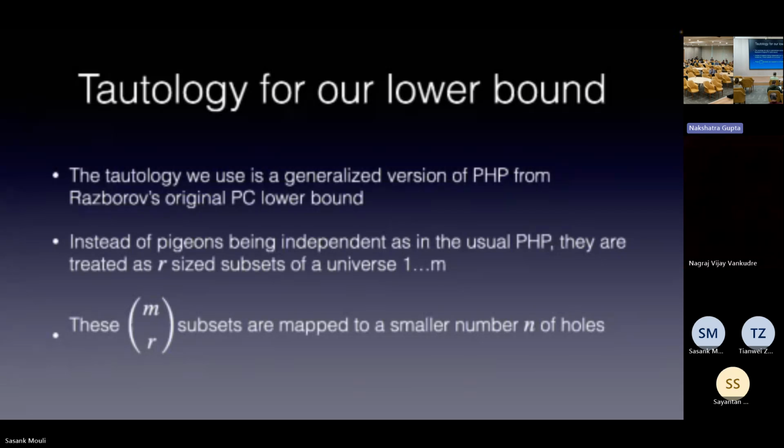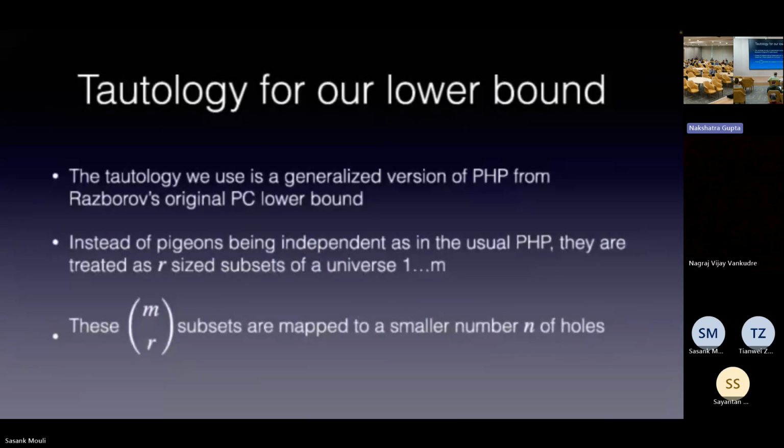Razborov modified the tautology to encode each pigeon not with an individual variable, but with a term. So instead of pigeons being independent variables, they are treated as subsets of a universe. Each pigeon is some r-sized subset of this universe 1 to m, and each of these subsets we map to some smaller number of holes.